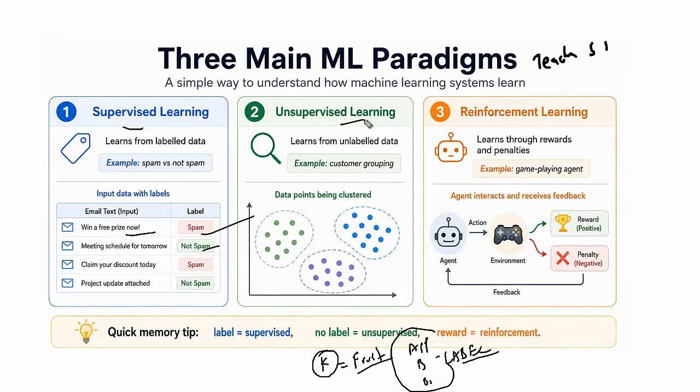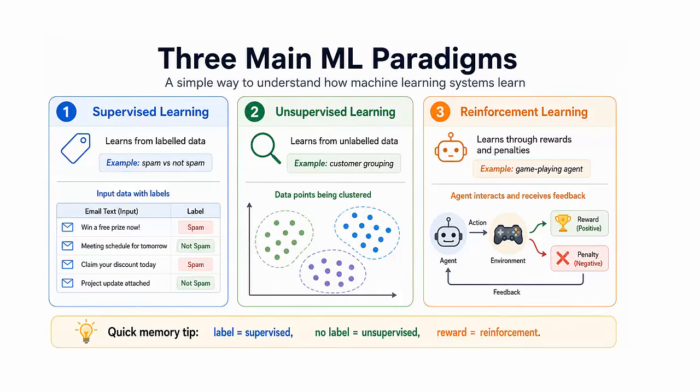Second is called unsupervised learning. Here the machine gets data, but no correct answers are given. It has to find the pattern or group on its own. Let's take an example. Imagine you give a child a basket of mixed items.